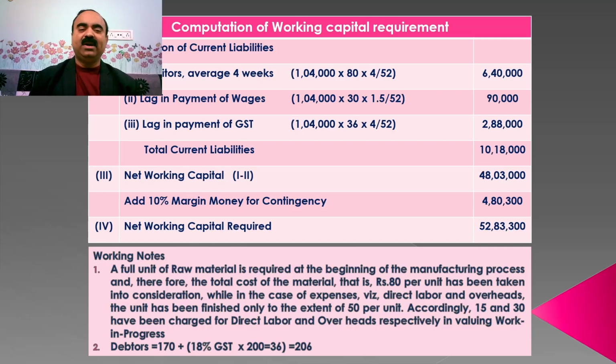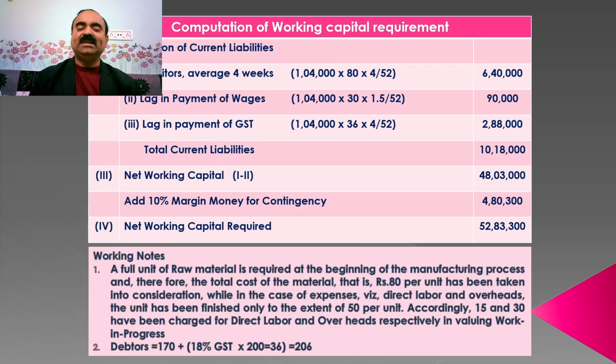The next step in computation of working capital requirement is estimation of current liabilities. Creditors average 4 weeks, hence we multiplied 1,04,000 with per unit cost of raw material 80 rupees and 4 by 52. Finally, we got the amount of 6,40,000.